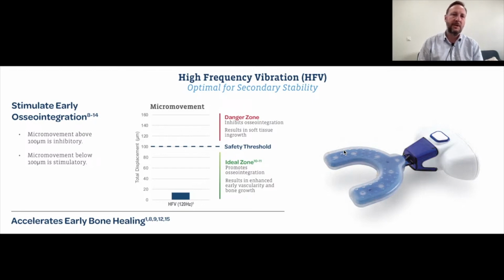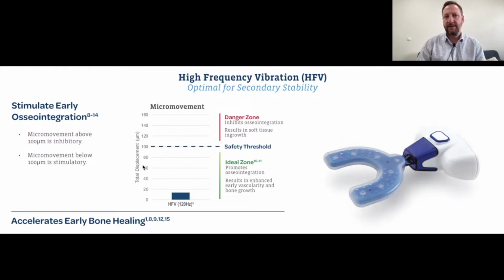And the answer is no, because this vibration at 120 Hertz and 0.3 G of force is very far from the amount of displacement of the load that is necessary to surpass the safety threshold, to enter a zone that can inhibit osteointegration. The amount of micro movement over an implant needs to be more than 100 microns, right? And with the high frequency vibration, we are very far from it.